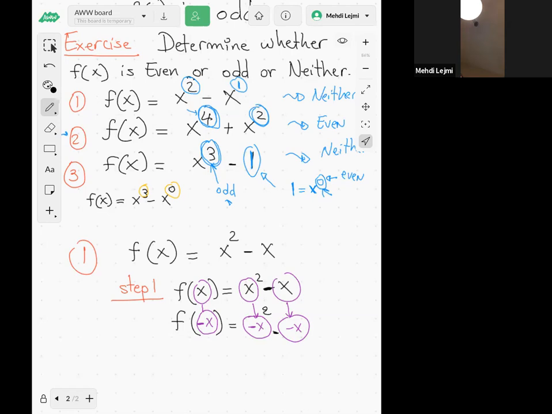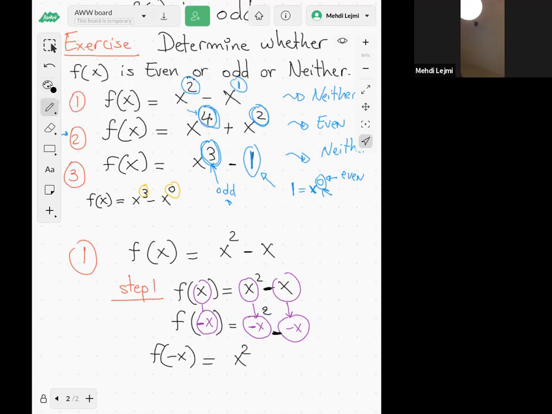So then f of minus x: the first term is minus x squared. The power is even, so that would be a plus. So that's actually x squared.